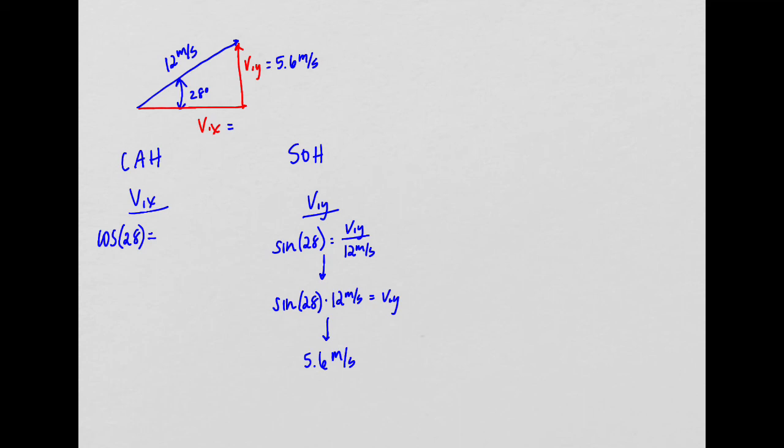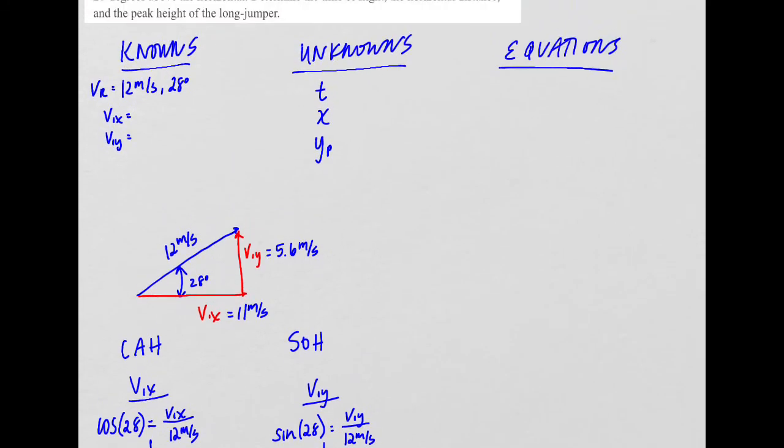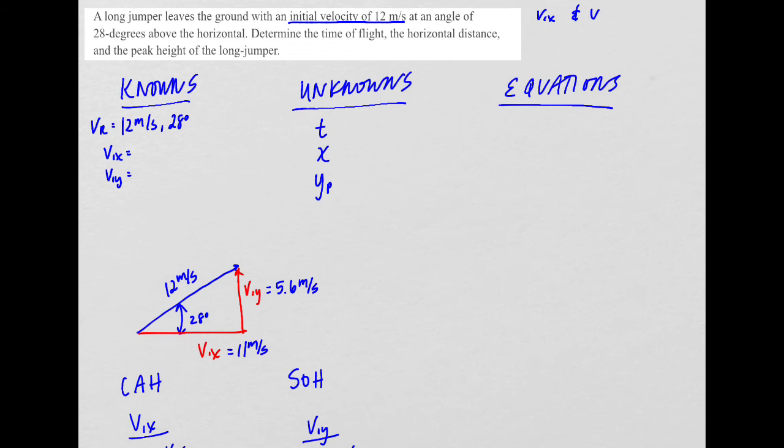It's not equal to the opposite, it's equal to the adjacent, which is VIX divided by 12 meters per second. Multiply both sides by 12, plug it into your calculator, and we find that the initial horizontal velocity is 11 meters per second. All right, so now that we've resolved that, we can write that up here. So we have 11 meters per second and 5.6 meters per second.